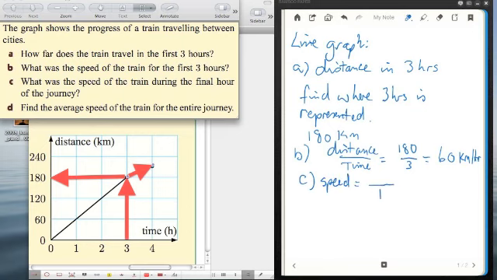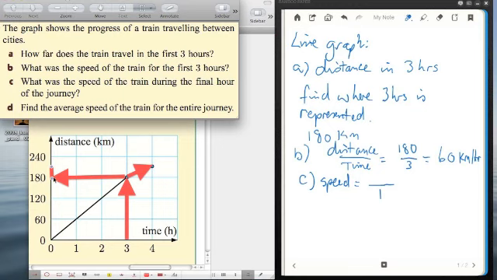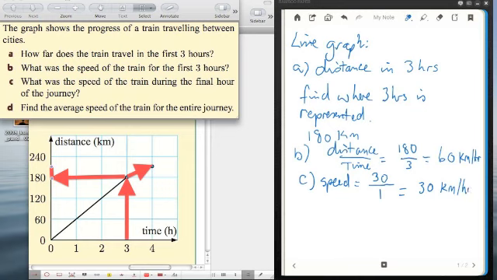It has gone from 180 kilometers up to halfway between 180 and 240, which is travelling 30 kilometers all up, and that's going to give us a speed of 30 kilometers per hour.